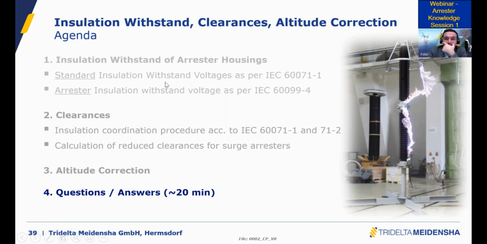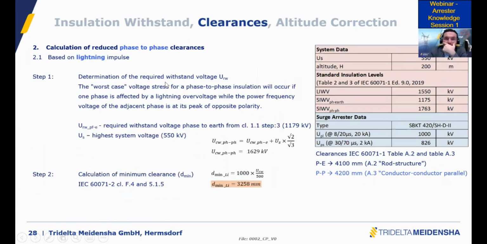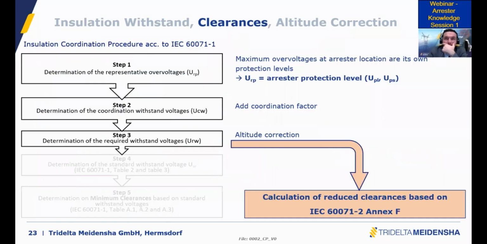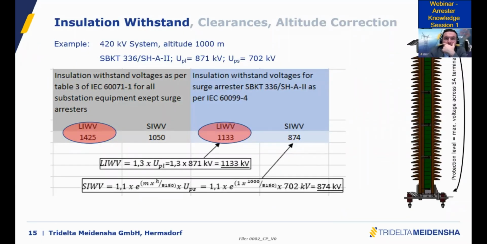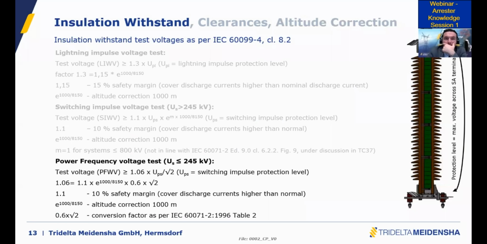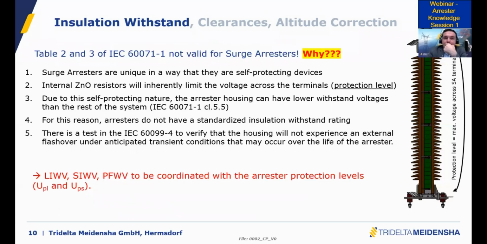The question was, shouldn't that say that the arrestor housing can have a higher withstand level than the surge arrestor itself, not lower? And I think this is concerning the insulation level compared to when you test the insulation withstand, compared to a surge arrestor with MOV blocks. Do you understand the question the same as me?